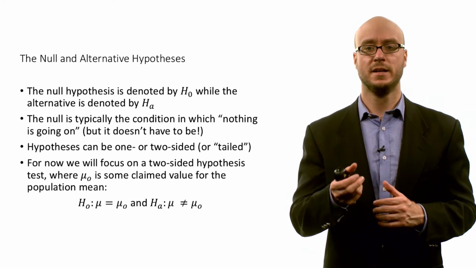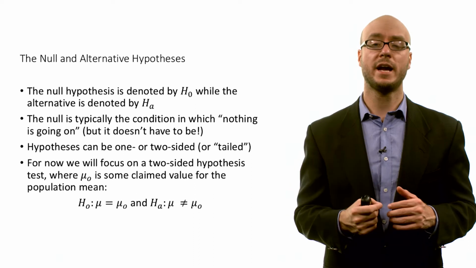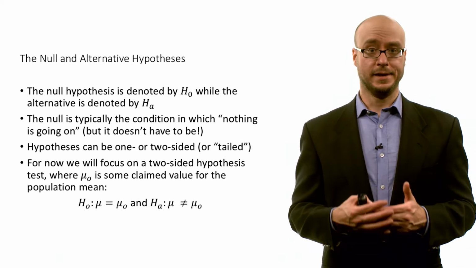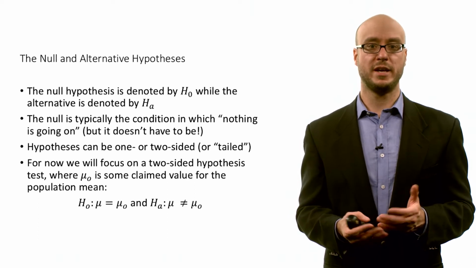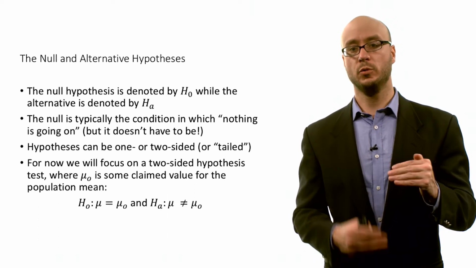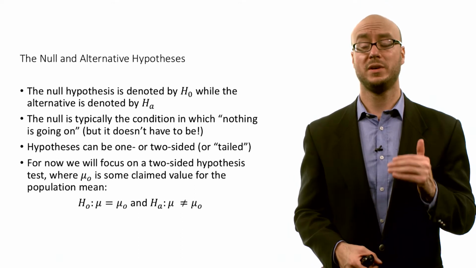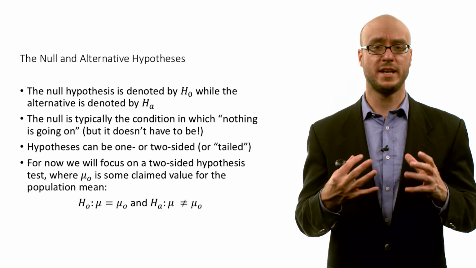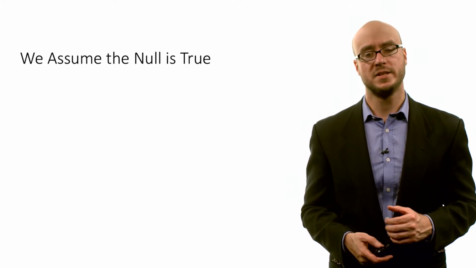That's what that equal sign with the diagonal line through it means. It means not equal. So if somebody thinks that the population mean is 20, the null would be that mu equals 20, and the alternative would be that mu does not equal 20. This is the basics of setting up the null and alternative hypotheses.